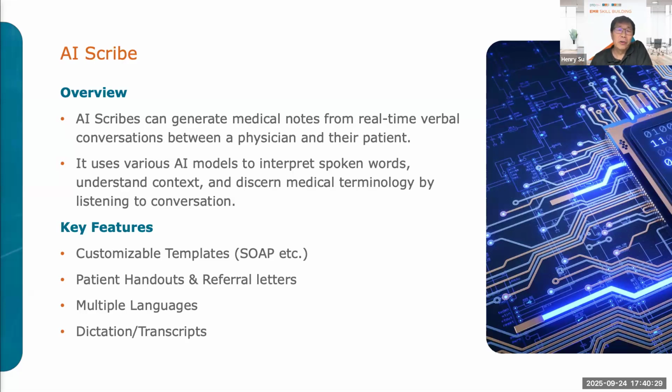BC has already maxed out their allotment of licenses, but other parts of the country might not have, so there might be reallocation of licenses. If you're interested, please check out the CHI AI Scribe program.